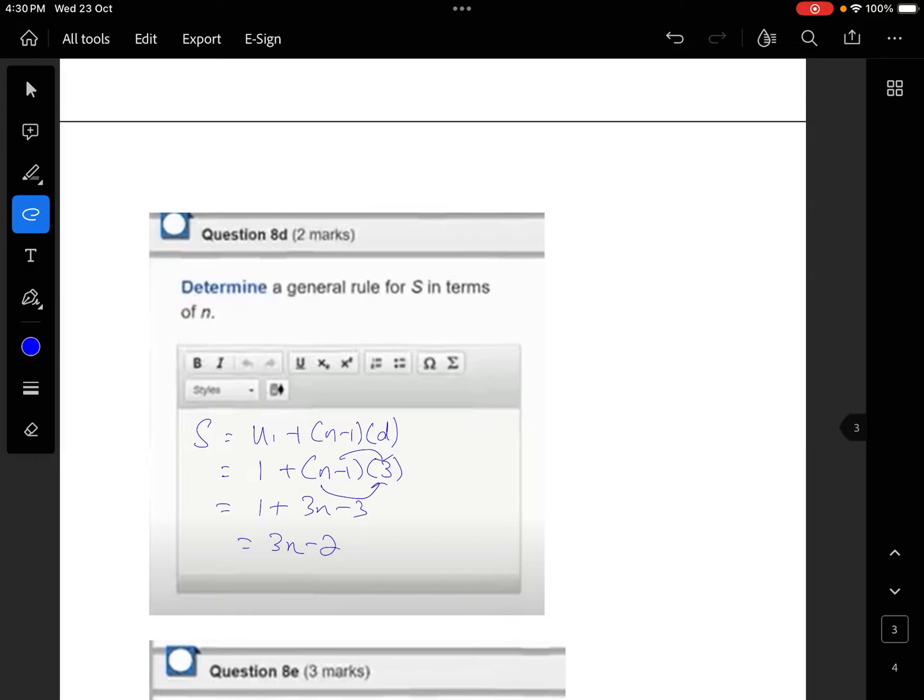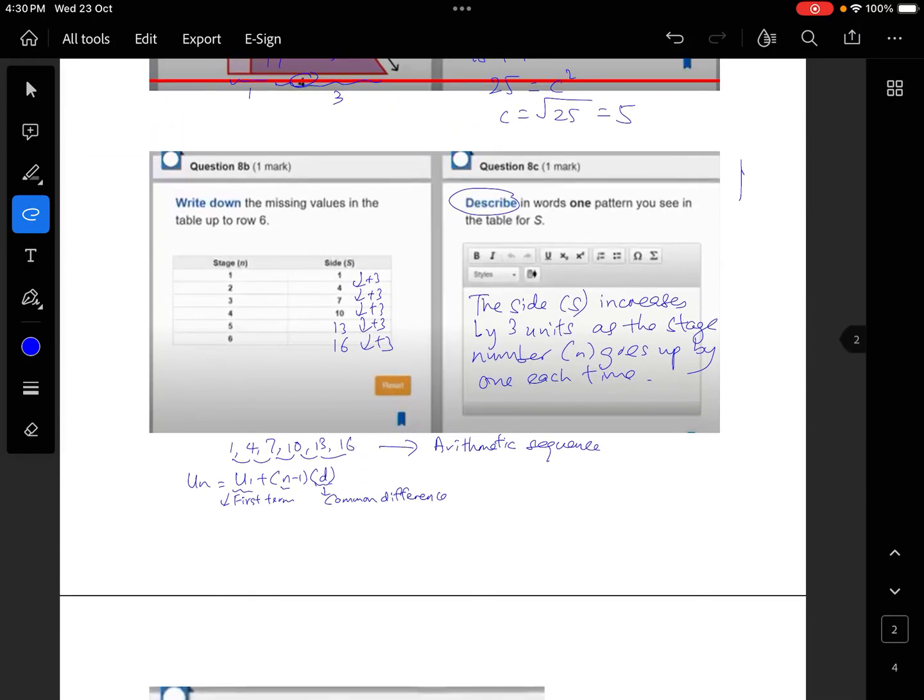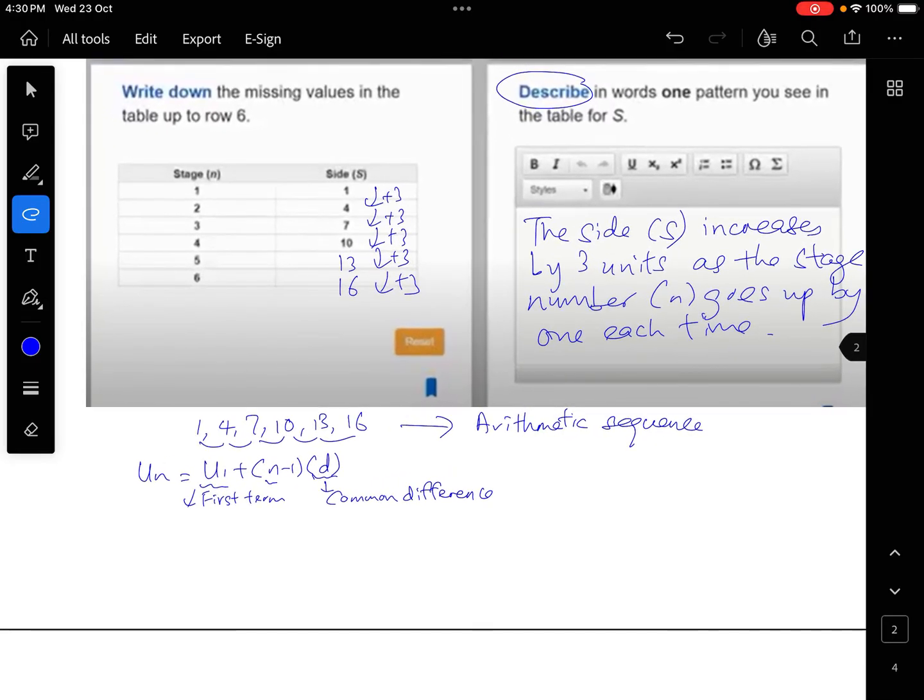Another way to look at this problem, if you are not very keen on remembering the formula: if we know that the common difference is 3, subconsciously you'll be thinking that the formula should start off with 3n. But the only issue with 3n is that if you put n to be 1, 3 times 1 gives me 3. If I put n to be 2, which is the second term, 3 times 2 gives me 6.